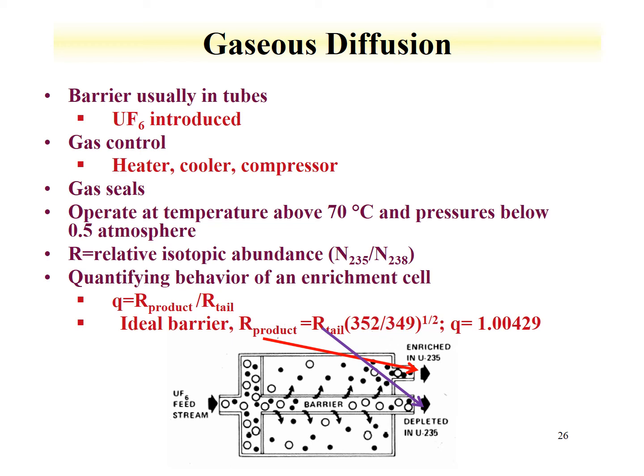That's the mass of the hexafluoride for the 238 and 235 respectively, and the square root of that, since we're talking related to the kinetic energy, and it's the square root of the velocity. The ideal system would have a Q of 1.00429, a very small value for enrichment.